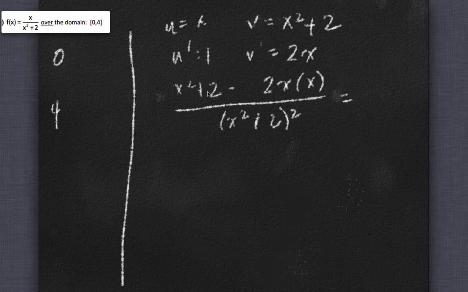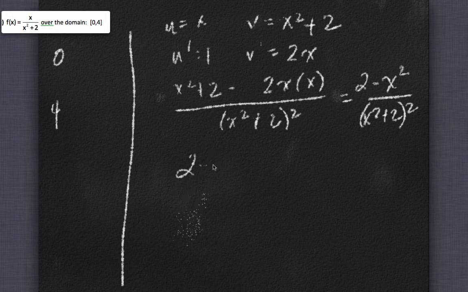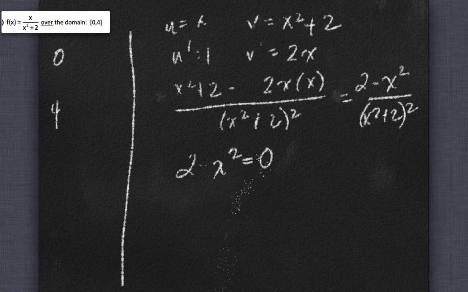So x squared plus 2 minus 2x squared. Again, if we try to set this equal to 0 in the bottom to find where it's undefined, we'll get no results. We'll get imaginary answers. So we're only going to end up looking at when this is 0, so at plus or minus root 2.